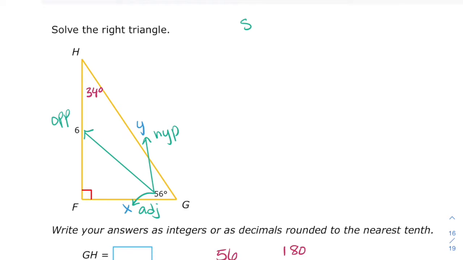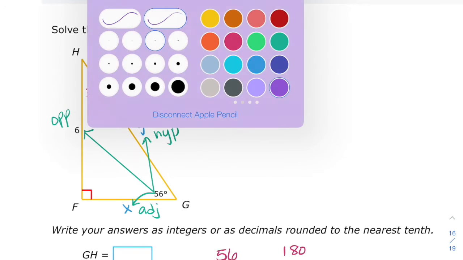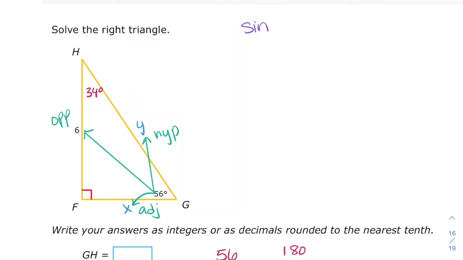Wait a minute. I wanted to keep the colors consistent. That's all right. Let's just keep all of sine. So I'm going to be using sine of my angle, which is opposite over hypotenuse. And then I'm also going to be using the cosine function.